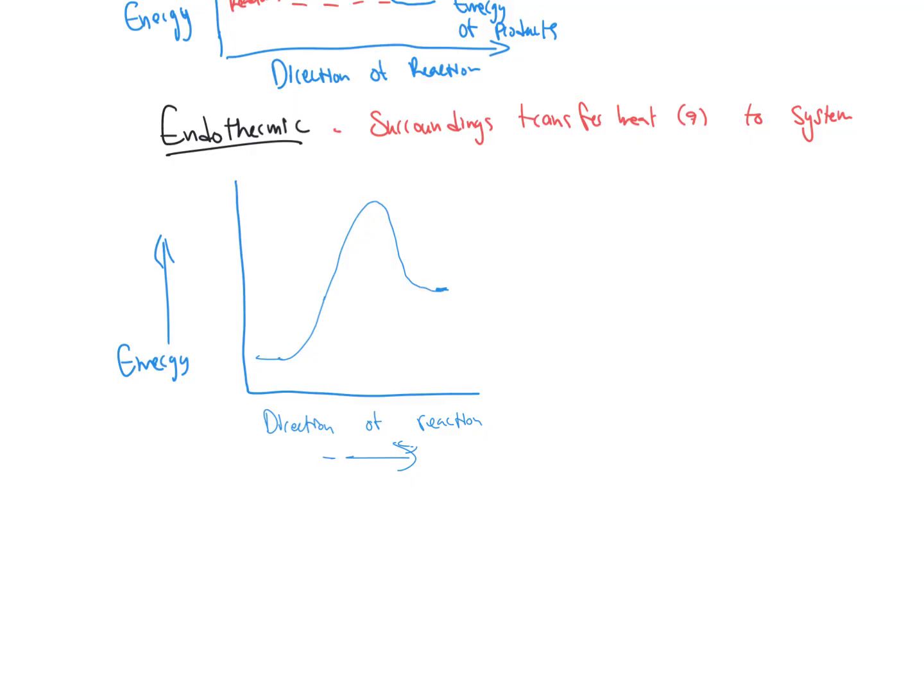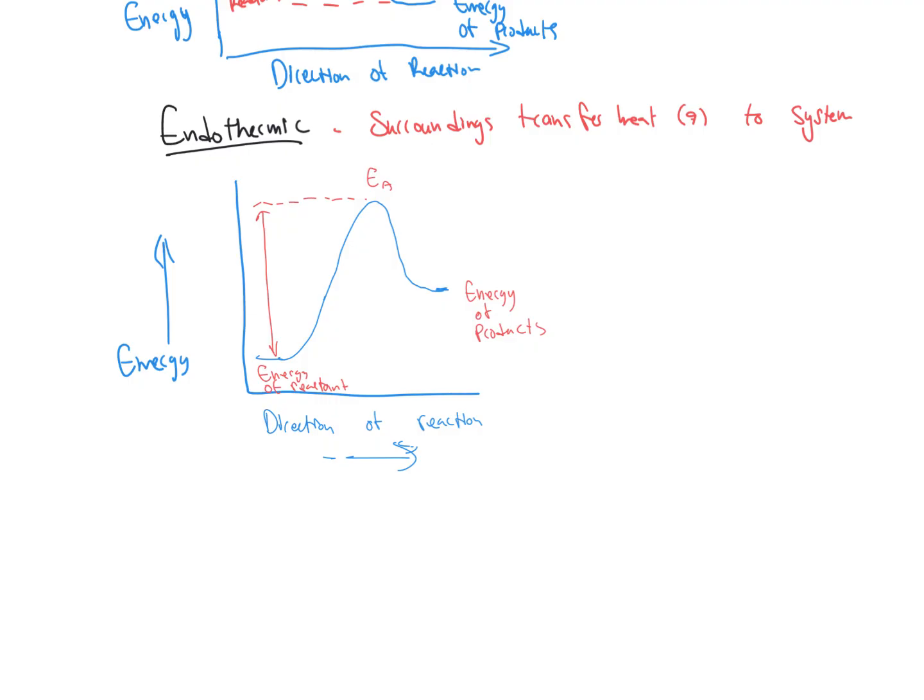So here we will have the energy of the reactants. Here we have the energy of products. This will be our activation energy, which in this case is just the difference between the start and that peak in your energy.